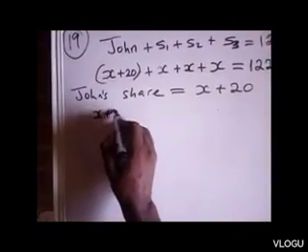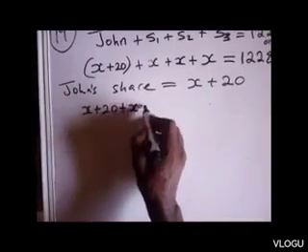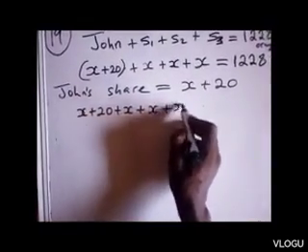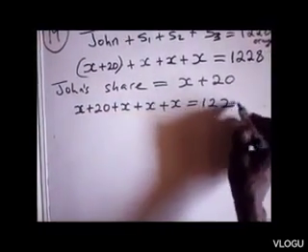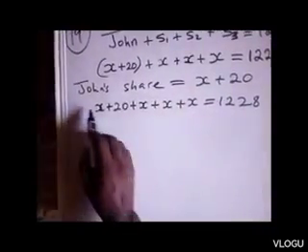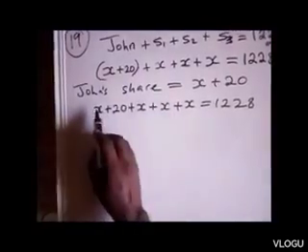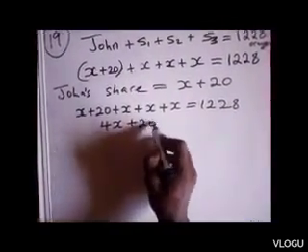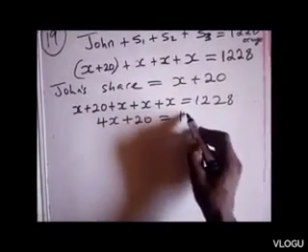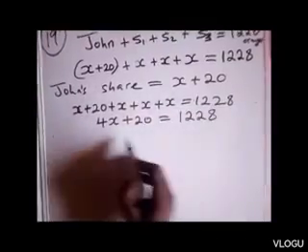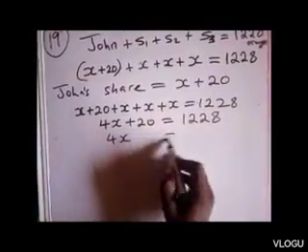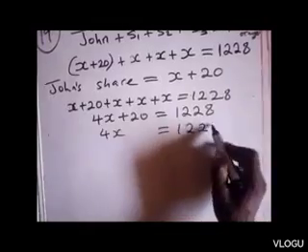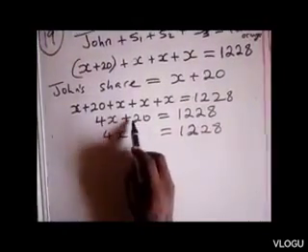X plus 20 plus X plus X plus X gives us 1228. Add these together, 1, 2, 3, 4, that is 4x plus 20 equals 1228. I'm trying to move this outside.